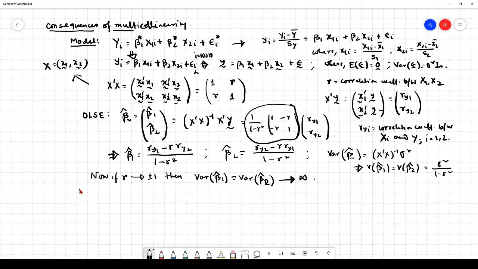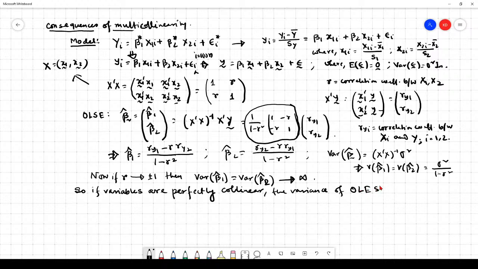So we can conclude that if the explanatory variables are perfectly collinear, the variance of the OLS estimator becomes large.